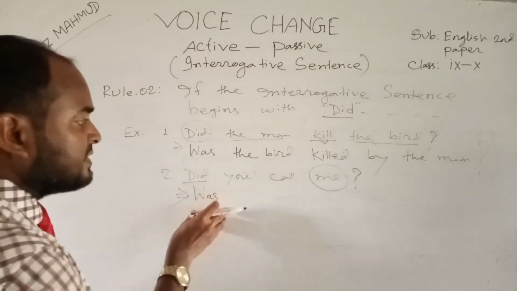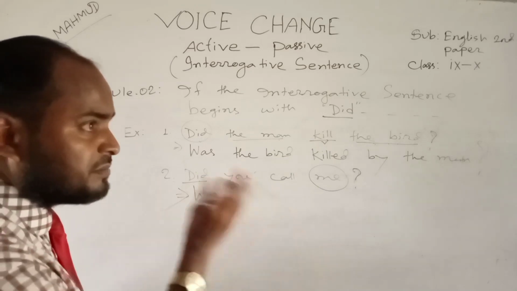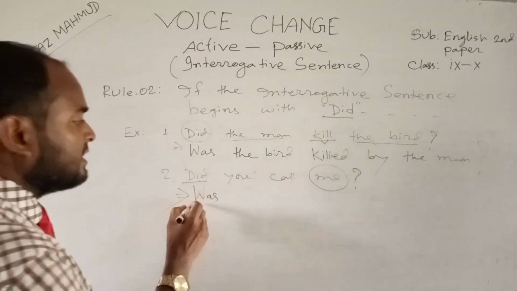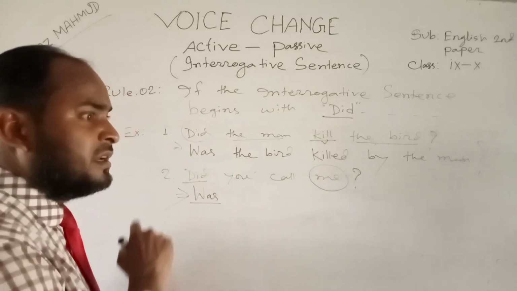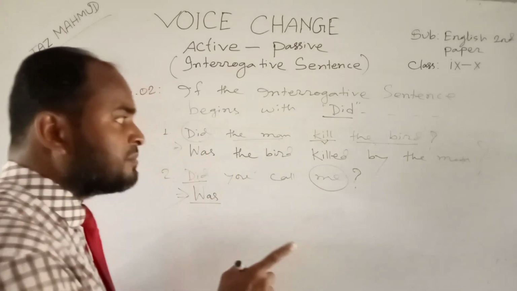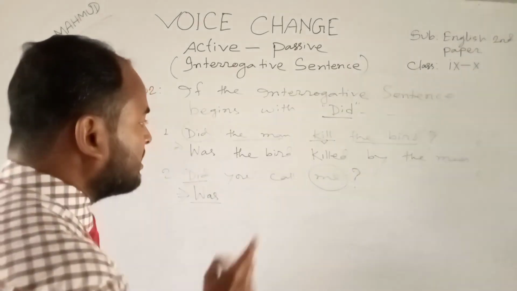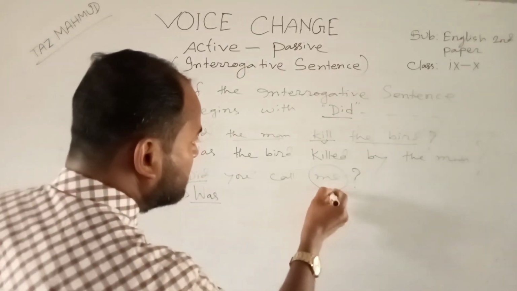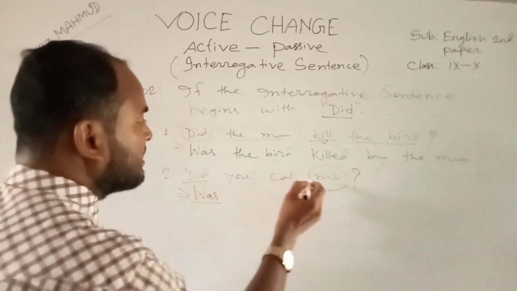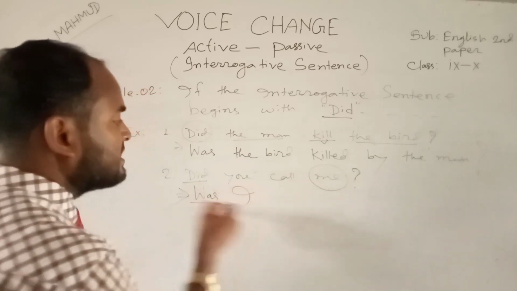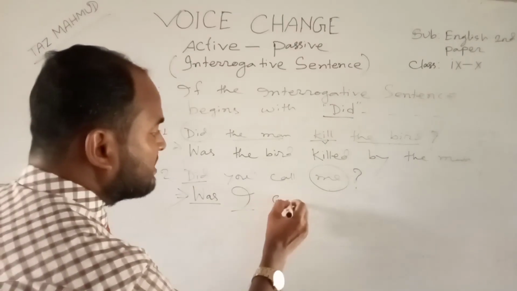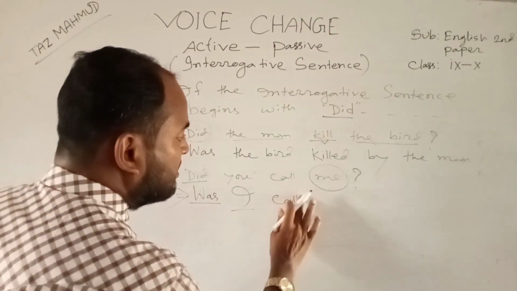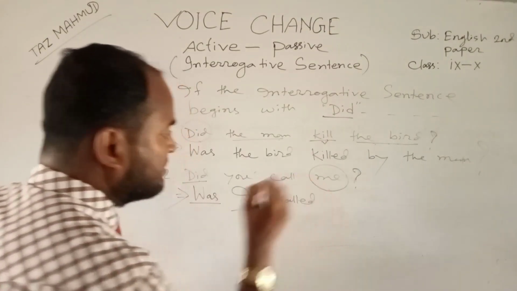For first person singular and third person singular we shall use was, and for first person plural and second person or third person plural, in any plural case we shall use were. So was, then the subject form of object me, I, then the past participle form of verb, called.